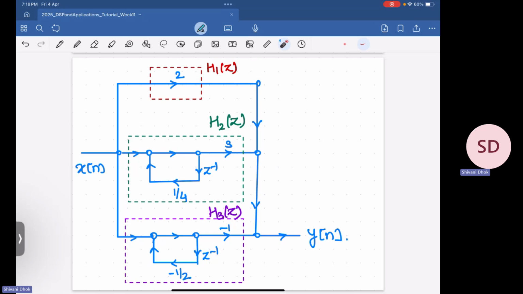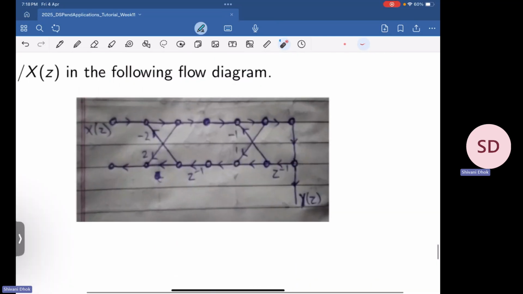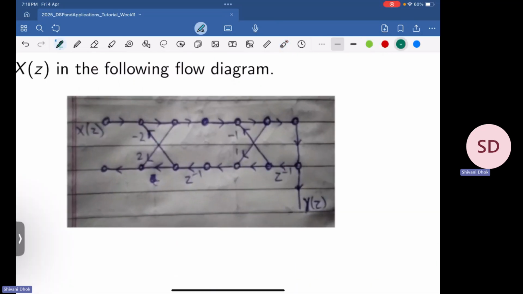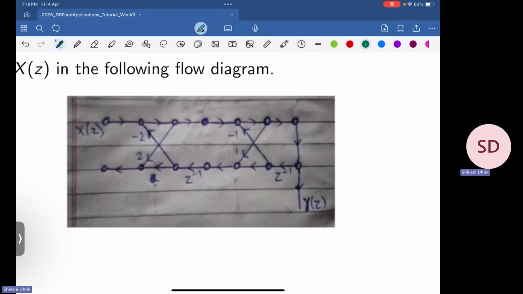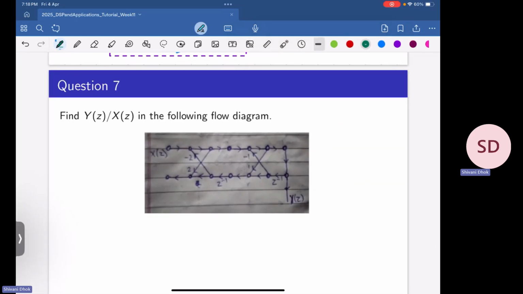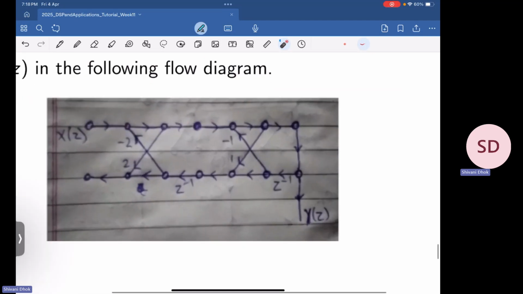Okay. If there are no questions, then let me move on to the next question. Again, I'm so sorry for this kind of diagram. I'll just redraw it. But let me just read the question first. It says to find Y of Z divided by X of Z, that is simply the transfer function in the following signal flow diagram.